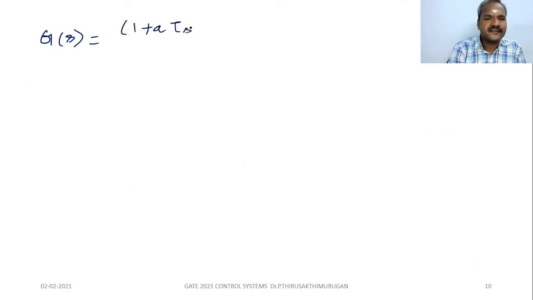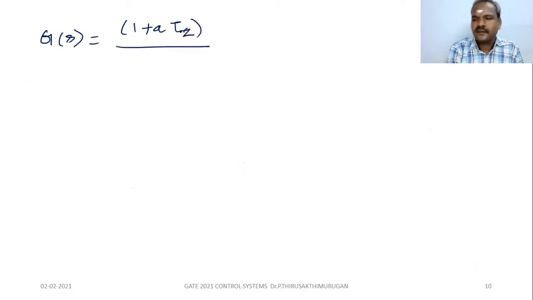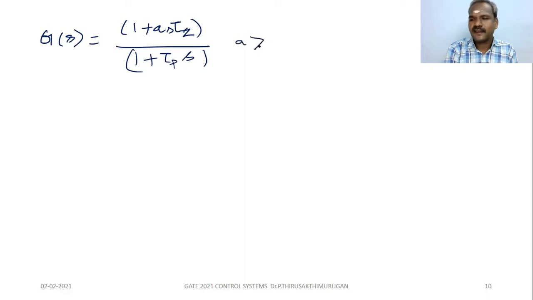a tau z divided by 1 plus tau p s. When a is greater than 1, so what is the type? This is the type 0 system.